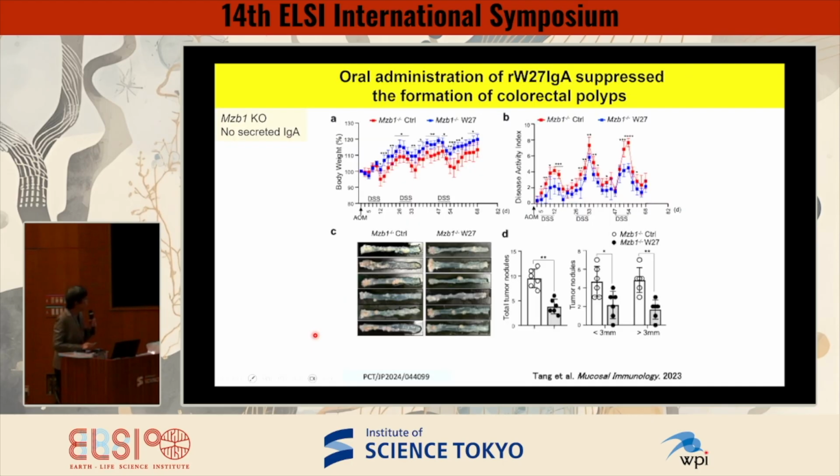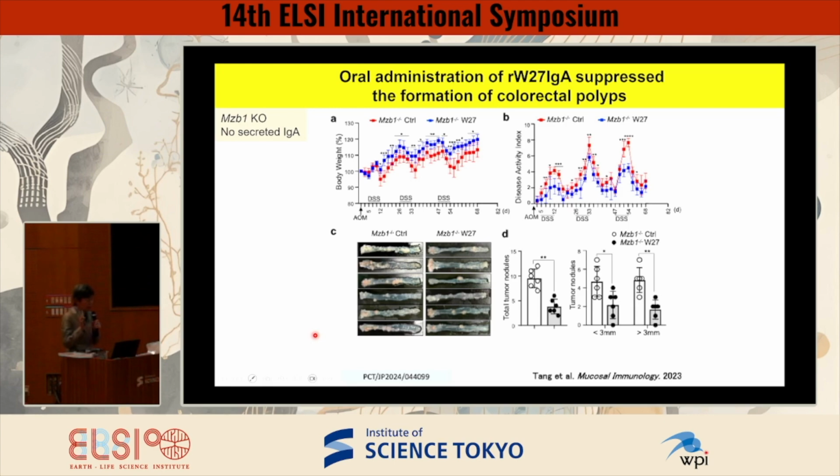In the same model, we can further examine colorectal polyp development. As you see here, without W27, there are many big colon polyps. But with W27, the polyp number and size are reduced.